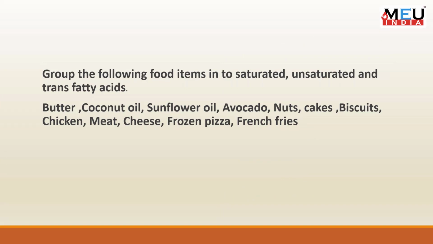So this will be a type of sorting. They can use the standard charts for that. Already we have discussed this in the nutrition lectures and all. So we can ask them to segregate it into saturated, unsaturated, and trans fat.